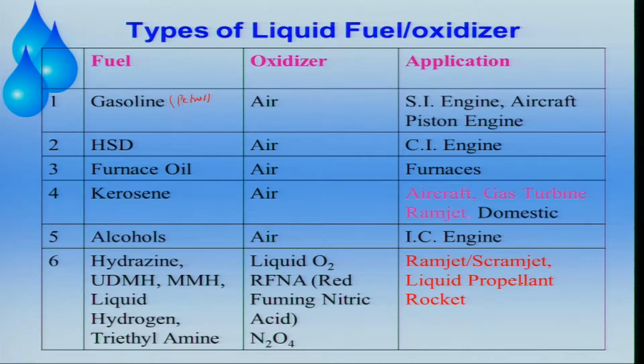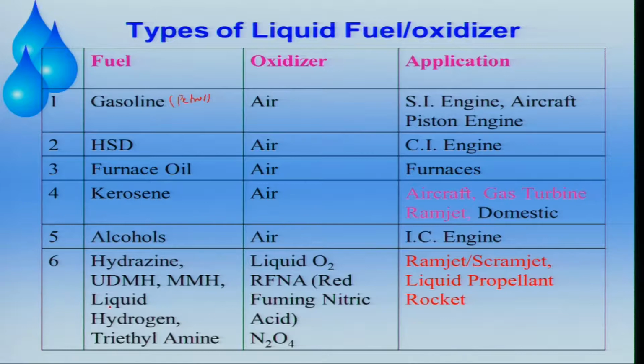But besides this, there are several fuels which are used in scramjet engines, liquid propellant rocket engines and ramjet engines, like hydrogen, UDMH, unsymmetrical dimethyl hydrazine, MMH, liquid hydrogen, and triethyl amine.